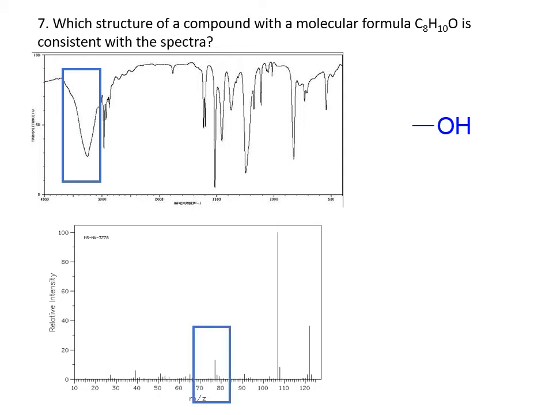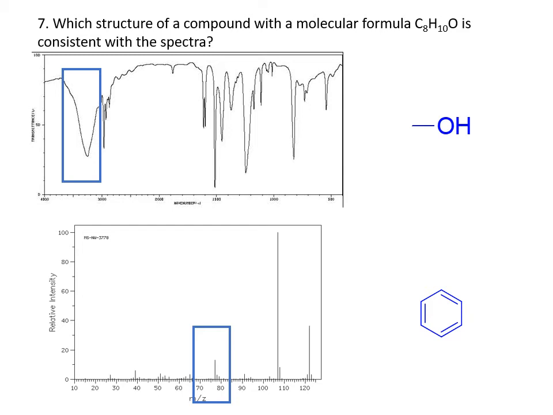In mass spectrum, besides molecular mass of 122, we can see this cluster 77, 78, 79. That cluster is typical of benzene ring. So you would strongly suspect that besides hydroxyl group, our compound also has benzene ring.